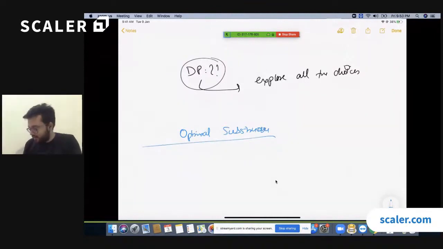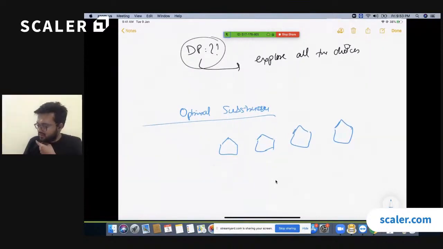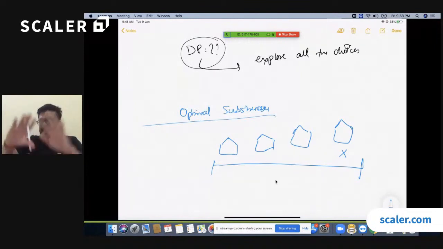How to prove that? Let me give you an example. Let's say somebody told you, don't worry, I know the best answer for robbing houses till this point, till the first 4 houses, and I definitely robbed the last house. So I'm telling you the best number of gold coins that I can accumulate by robbing the first 4 houses and making sure that I rob the 4th house would be something like this.